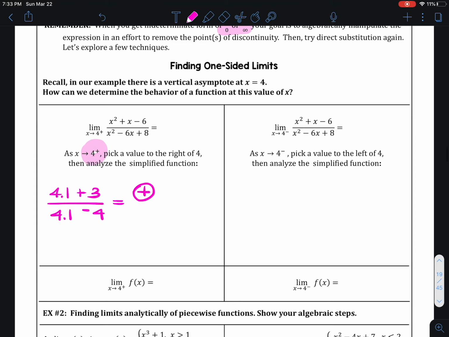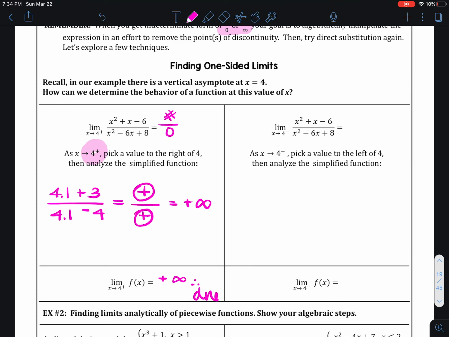And what I see on the bottom is also a positive number. Now I know that if I were to plug 4 in, I would get a number over 0, right? Because we know that we have an infinite discontinuity at 4. But this tells us that we have positive infinity, right? So this is going to positive infinity, therefore DNE.